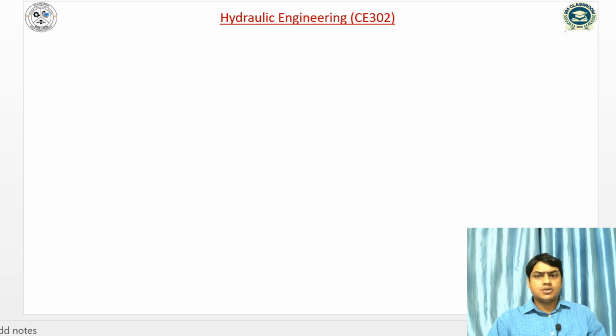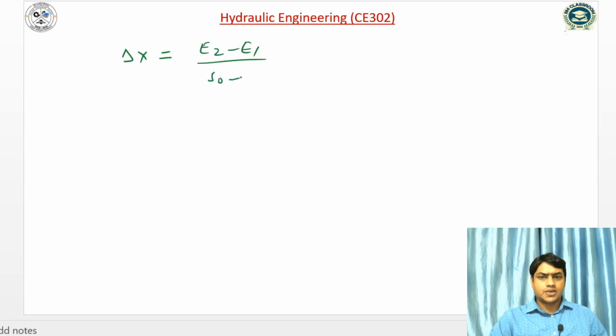So delta x can be written as change in energy: delta x is equal to E2 minus E1 divided by S naught minus SF bar.